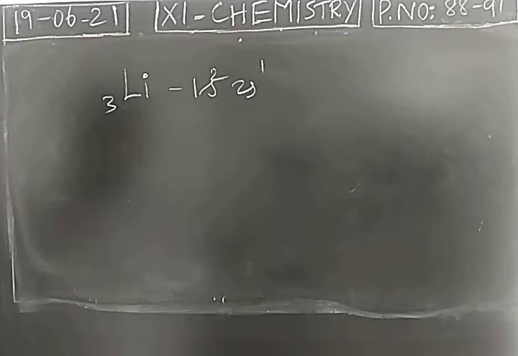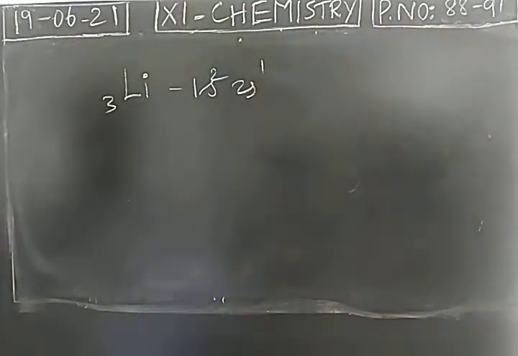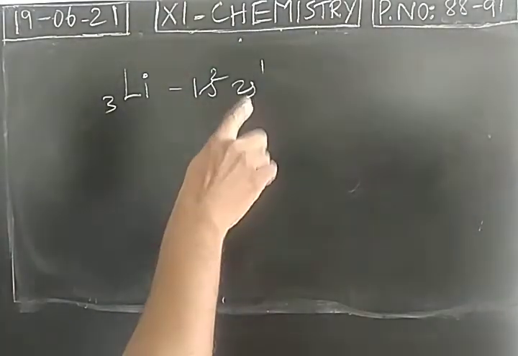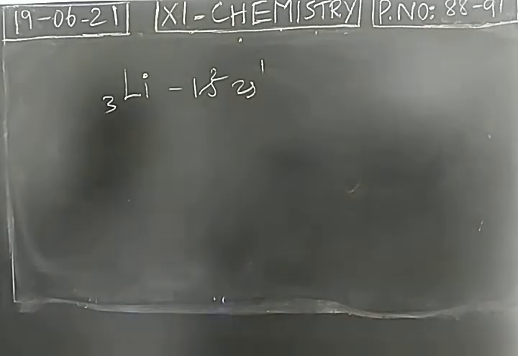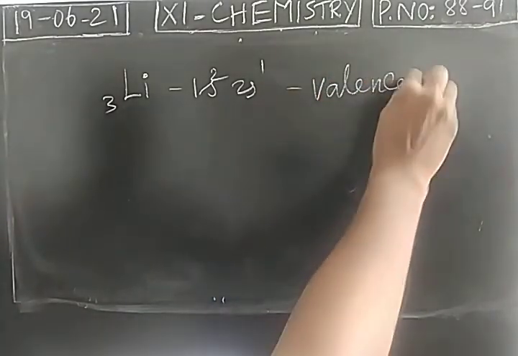Valence of an element is calculated with the help of valence electrons. What is a valence electron? The number of electrons present in the outermost shell. The last shell in lithium is the second shell. The number of electrons present in this valence shell or outermost shell is 1. So valence of lithium is 1.